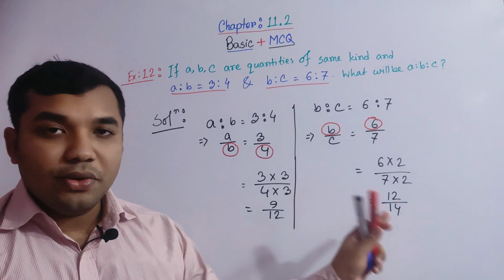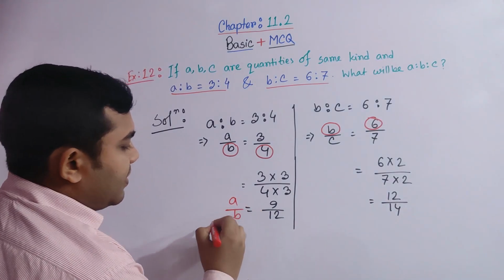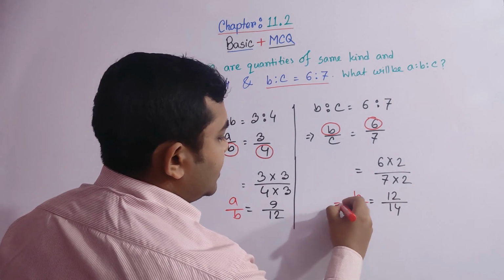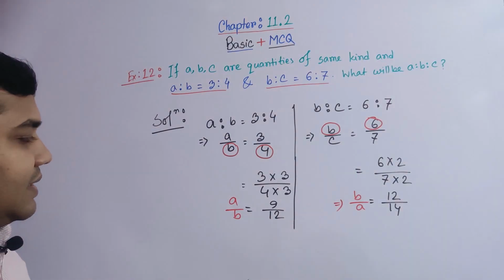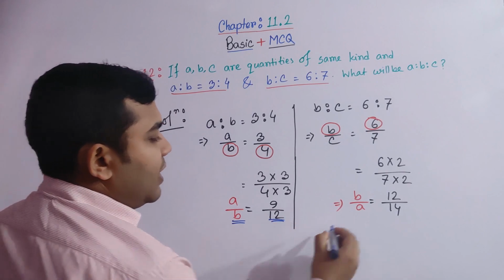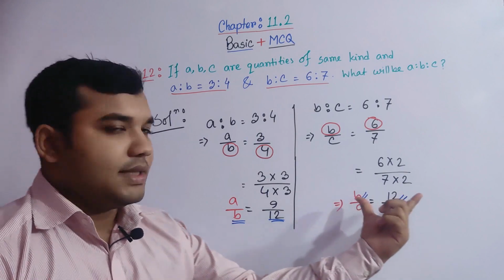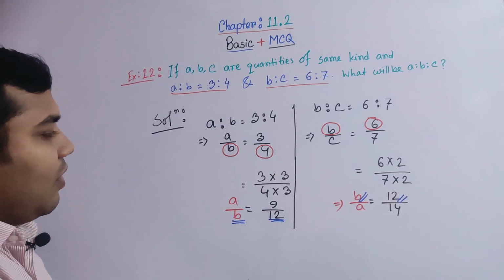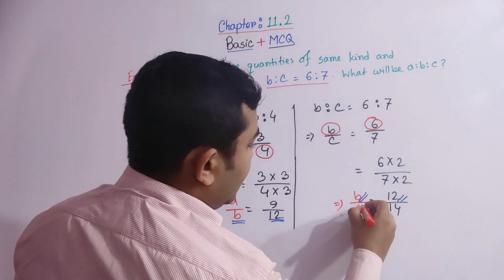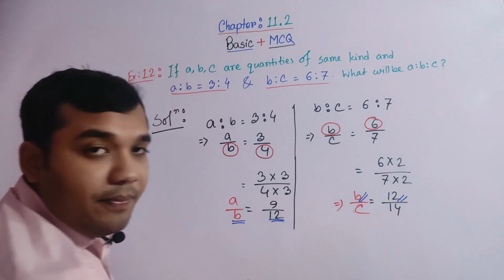Now my dear students, look at the board very carefully. Here A by B is 9 by 12, and B by C is 12 by 14. What does it actually mean? It means that the value of B is 12 here and the value of B is 12 here. Since the values of B are the same, we can say the value of C is 14, because that was B by C. So A should be 9, B should be 12 and C should be 14.